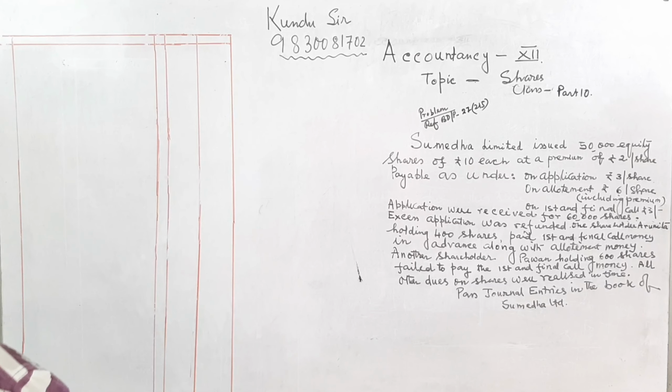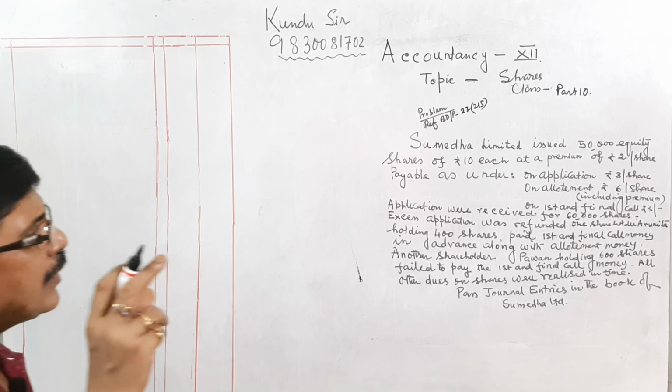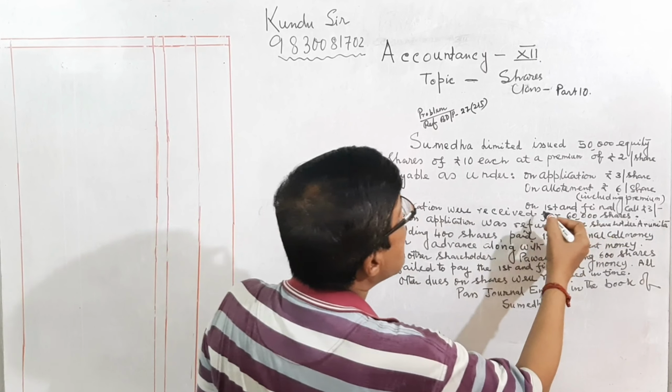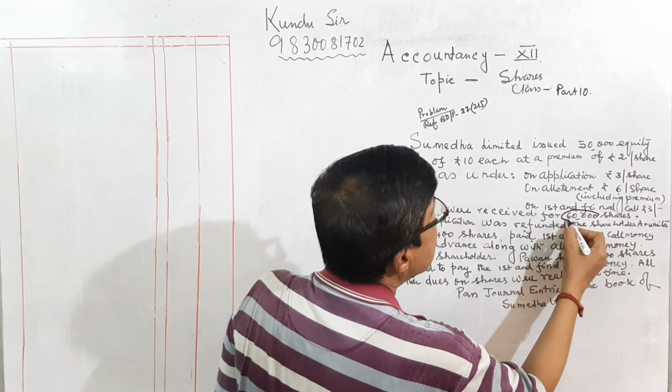Now we are starting to solve the problem. We are getting application money on 60,000 shares.